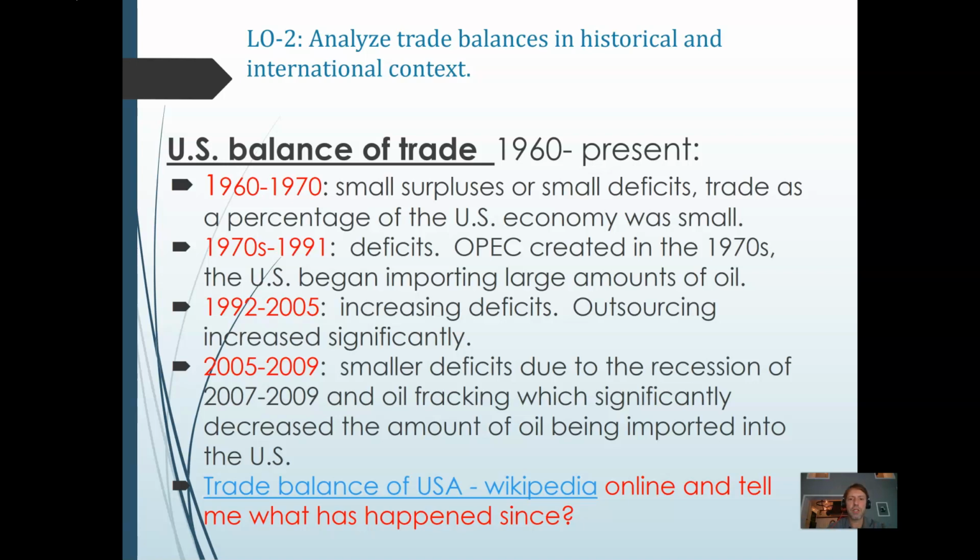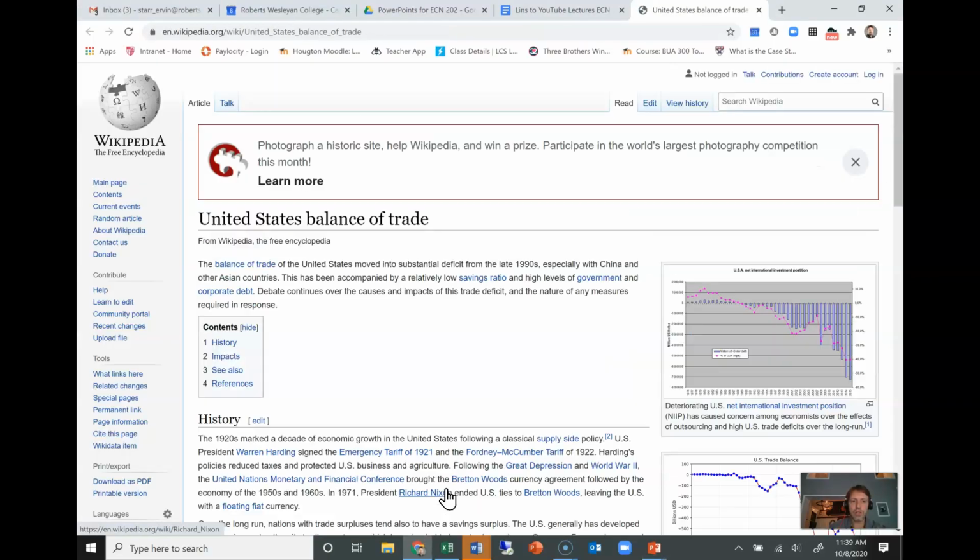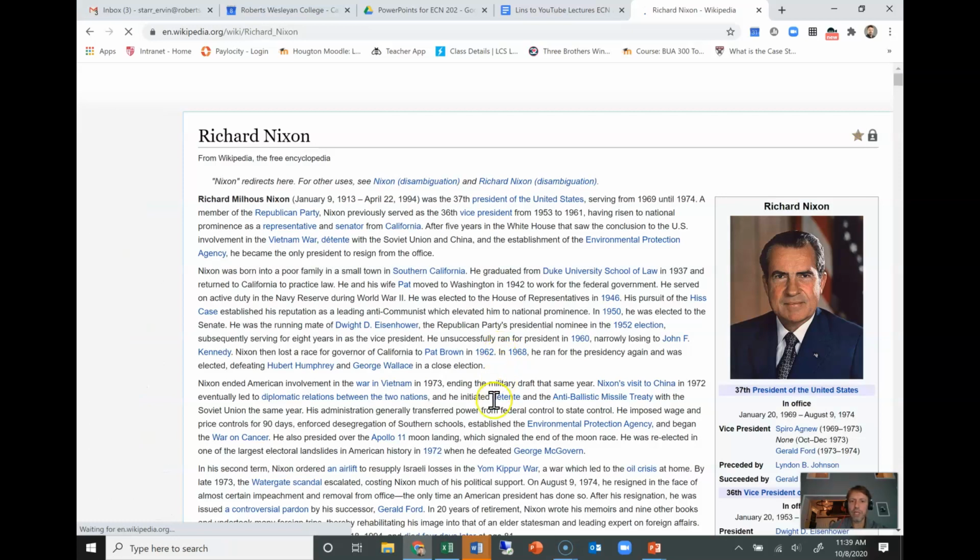In fact, if you wanted to look from 1960 to 2009, so we're missing 10 years, here you can read through and again pause, read through where we had bigger and smaller deficits. I have a link here that if you click on, you'd get to go out and you could see the balance of trade in real time.